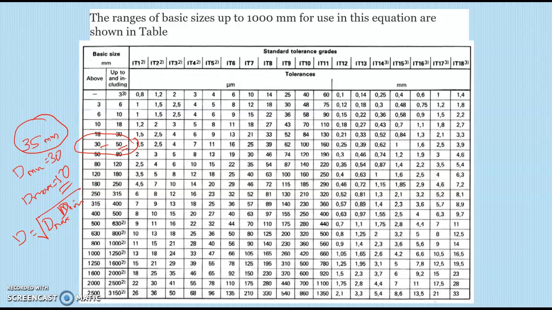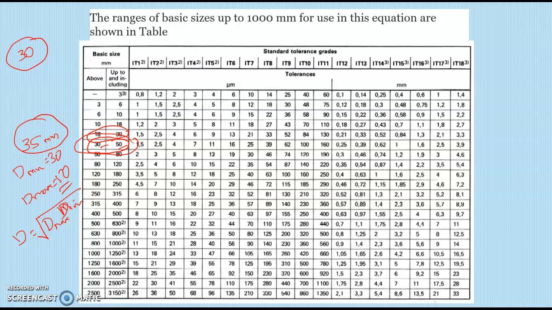Then if our basic size is 30, what will we choose? Because 30 is actually in this range, 18 to 30 is available, and 30 to 50 is available. So which one will we take? The reading of the chart is like this.